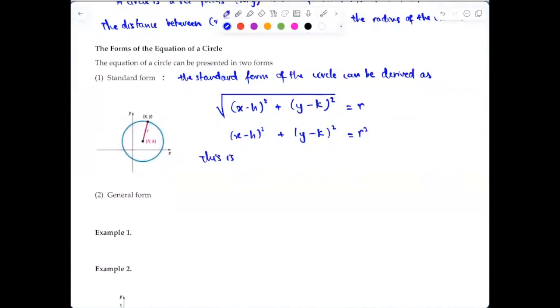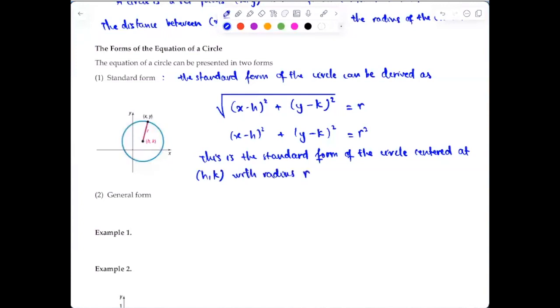Center at h comma k with radius r. As you can see, it's not difficult to derive the equation of a circle. It's very straightforward. You just use the distance between two points.